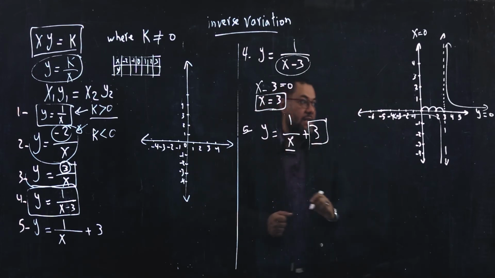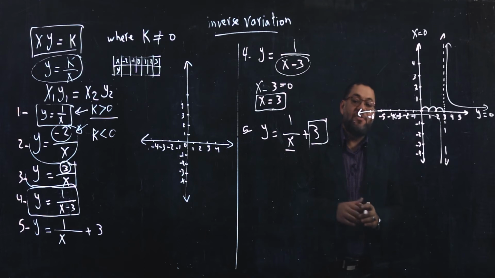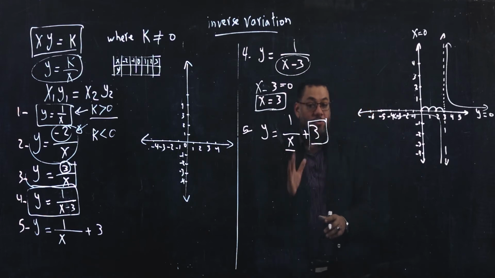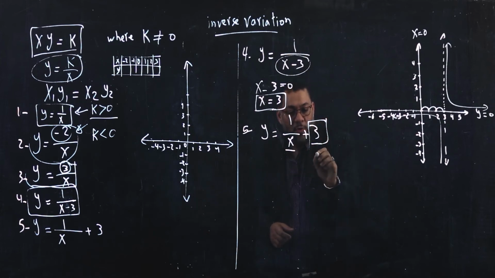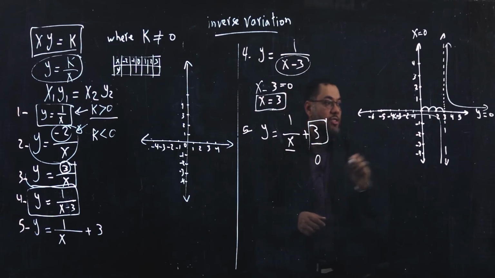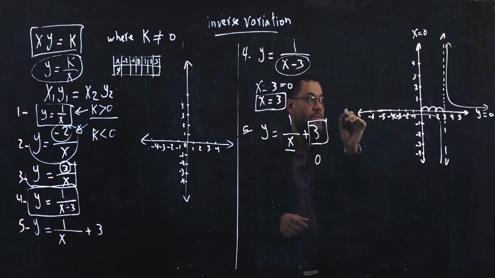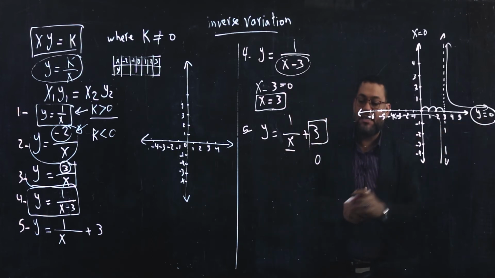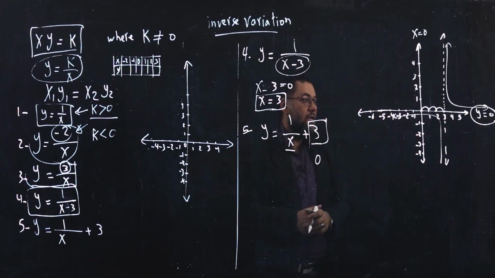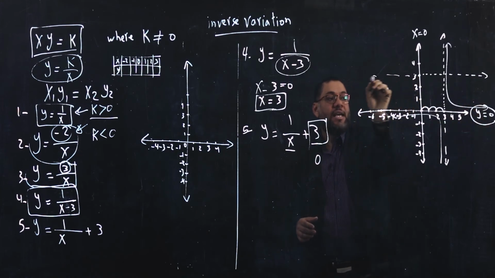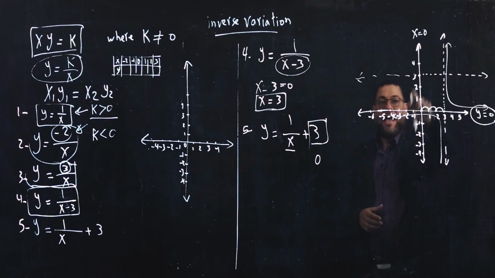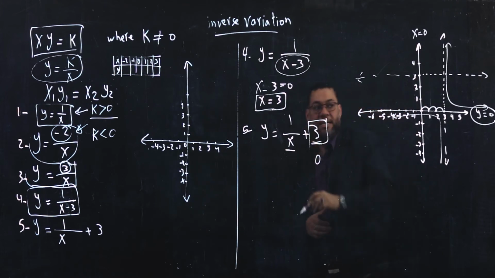This 3 will be the horizontal asymptote. If this number equals 0, the horizontal asymptote will be y equals 0, but it's equal to 3. So the horizontal asymptote is a line parallel to the x-axis that intersects the y-axis at 3.